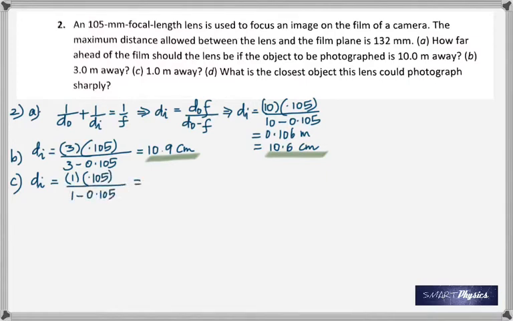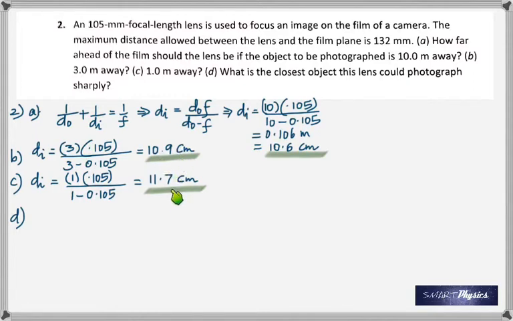But notice that as the object distance changes, the image distance changes slightly. Do you see that? When the object was 10 meters away, the image distance was 10.6. When the object is 3 meters away, it's 10.9.